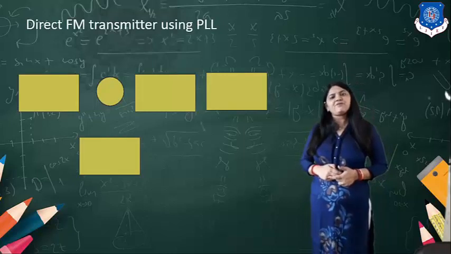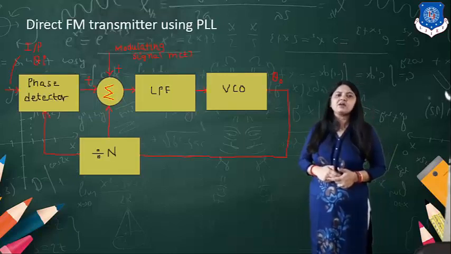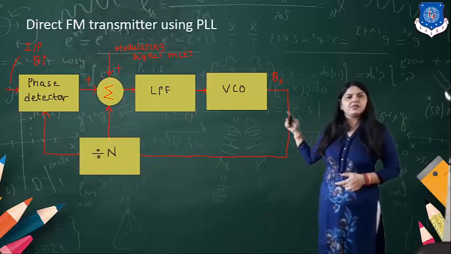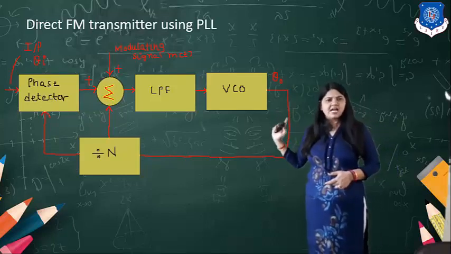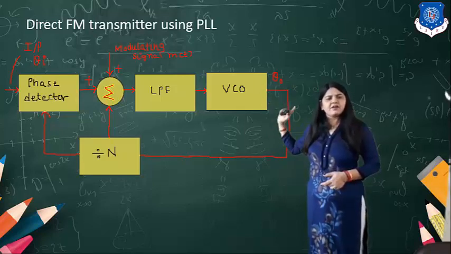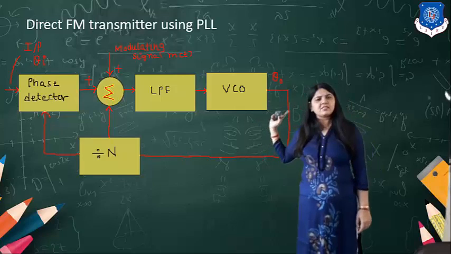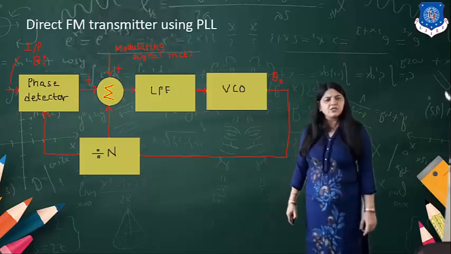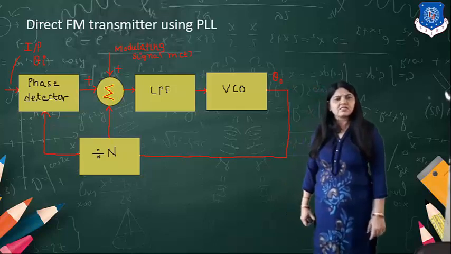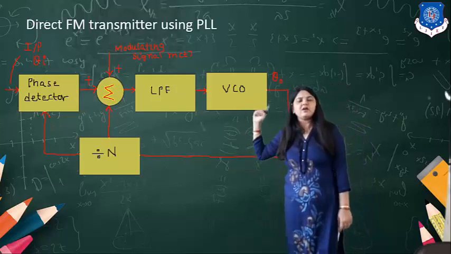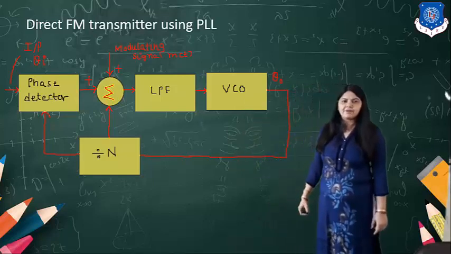Now the direct FM transmitter using the PLL. Here we have the input theta i, and the modulating signal m(t). The low pass filter input is the combination of the phase detector output and the modulating signal m(t).